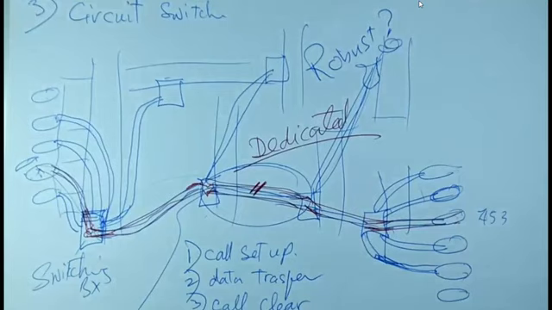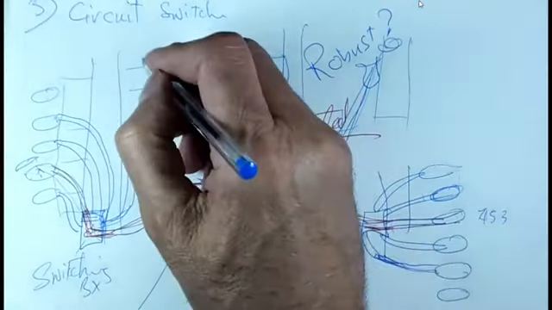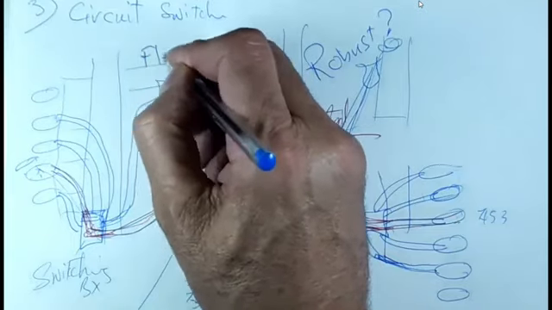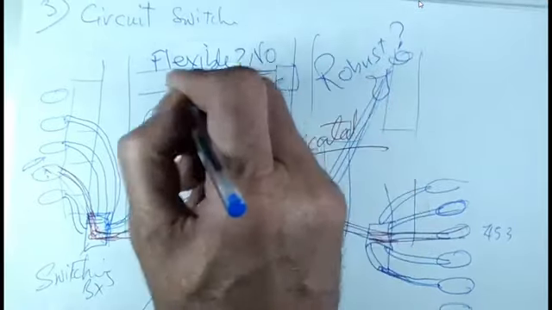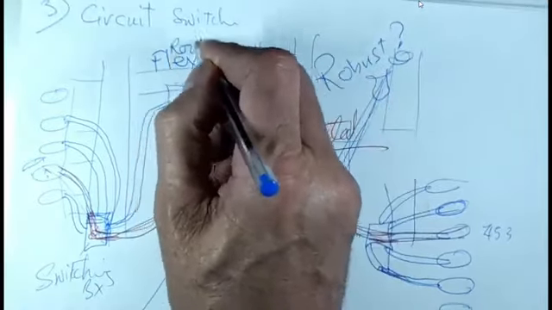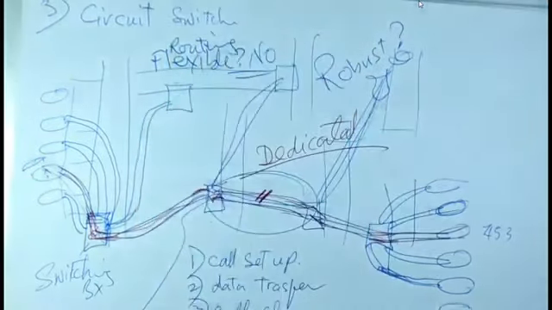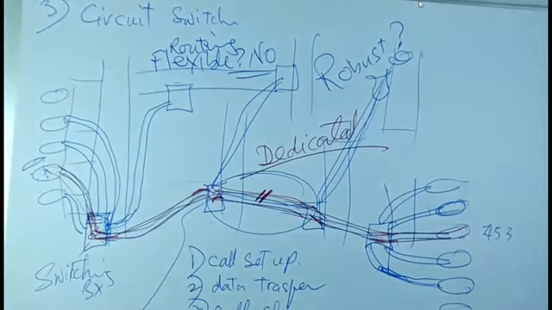No. Once you're booked, you cannot change the route. So routing is not flexible. I'm just going to put the word flexible as keywords, and the answer is no. Routing is not flexible. But that's how telephone companies worked before.